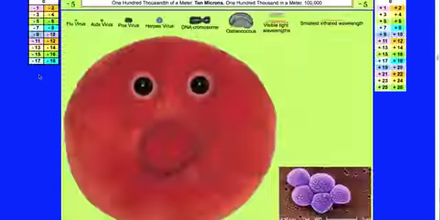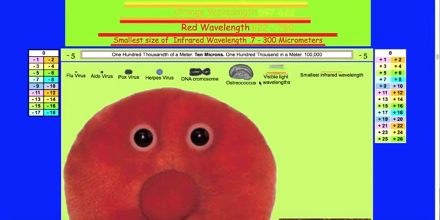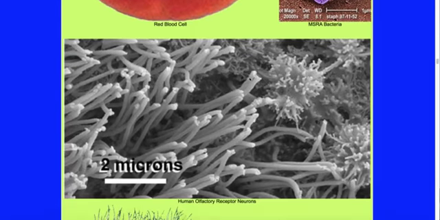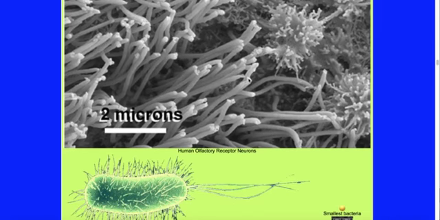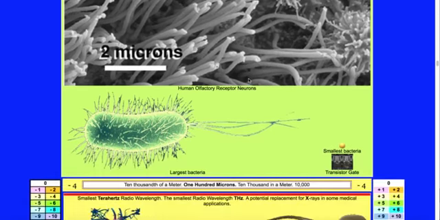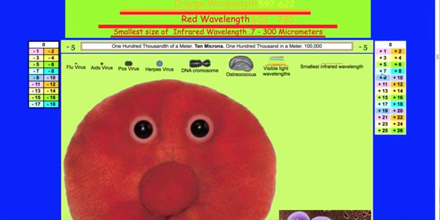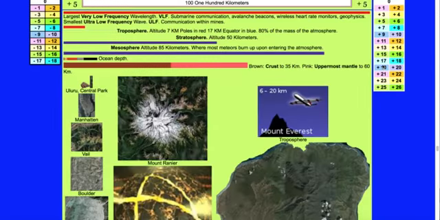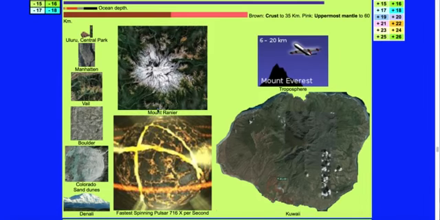So let's see, -5. So a red blood cell and the light, sort of, not really. The light's on the one above, but the red blood cell and the dendrites that feel, whatever those are called, olfactory receptor neurons that smell, and the largest bacteria and stuff, neurons and blood cells, is to you what we are to Hawaii, Kauai, and Mount Rainier, and a city like Denver or something.